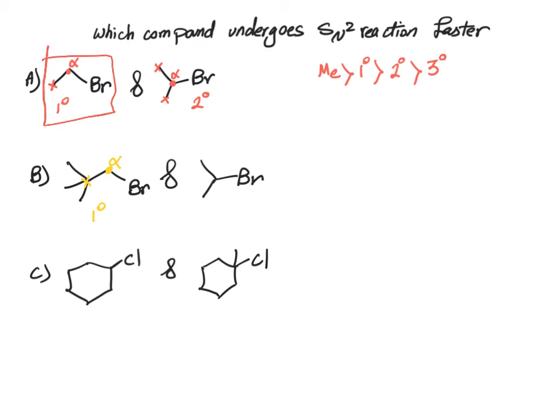So this is a primary substrate. The second compound is secondary because the alpha carbon is bonded to two other carbons and one hydrogen. Again, primary substrates undergo SN2 reaction faster, which means this one undergoes SN2 faster.